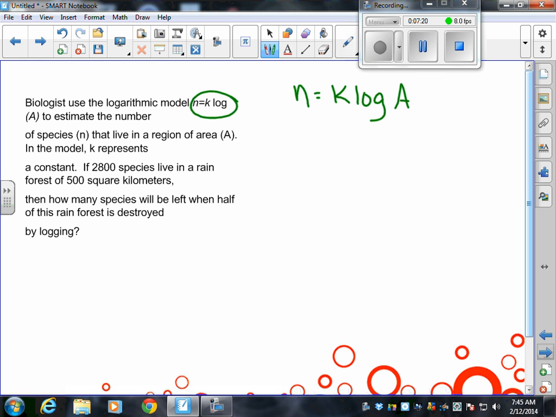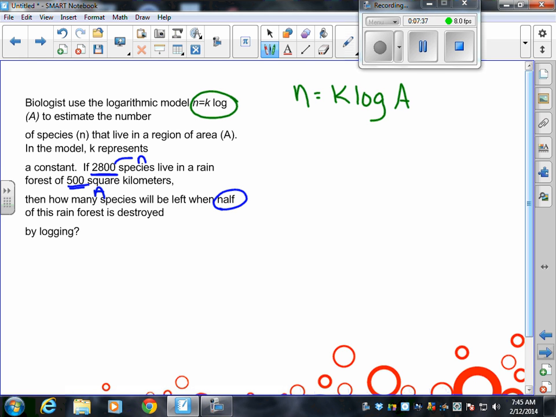And notice what it tells me. There are 2,800 species, so that's going to be some n, in a rainforest of 500 square kilometers, so that's A. Then how many species will be left when half of the rainforest is destroyed by logging?